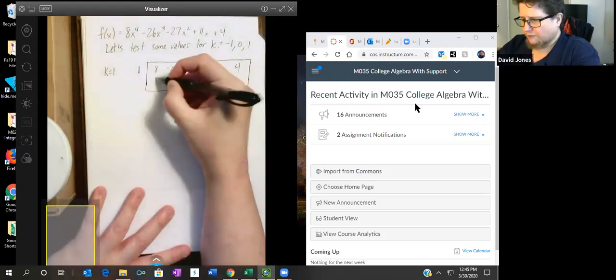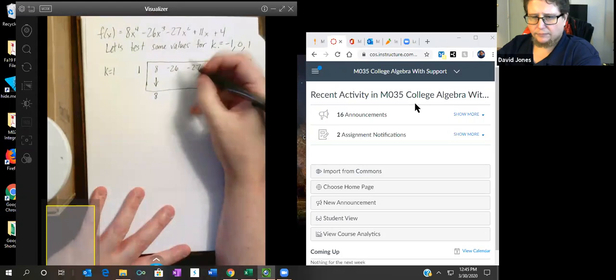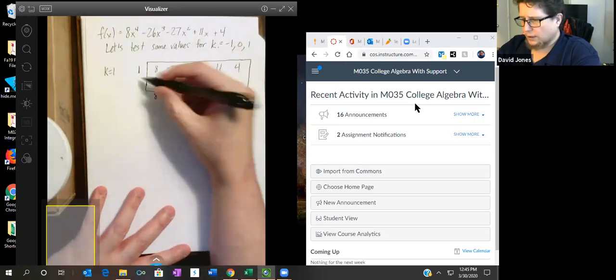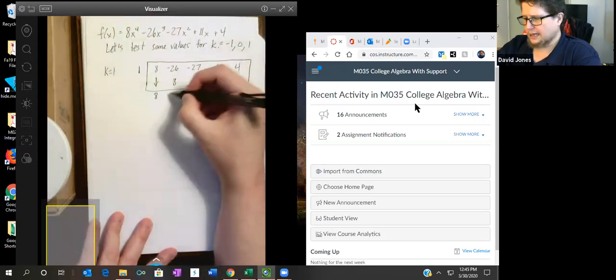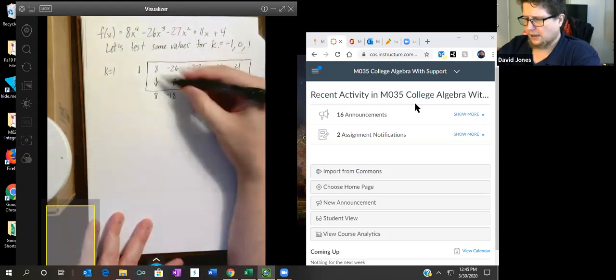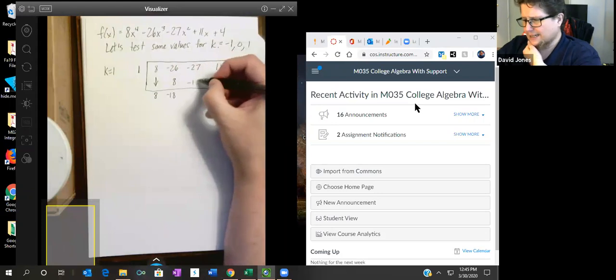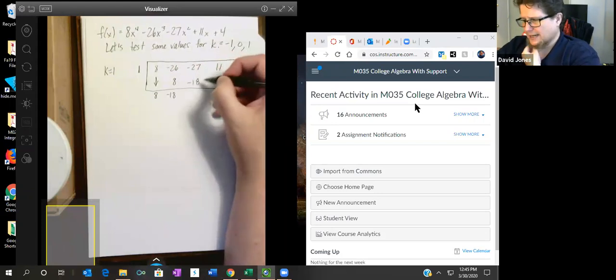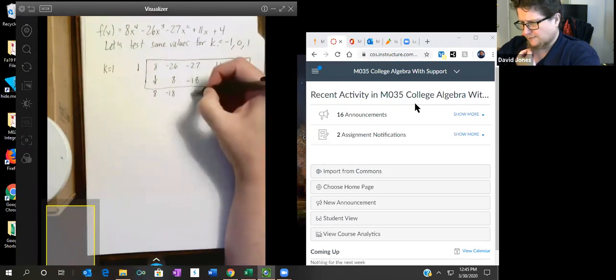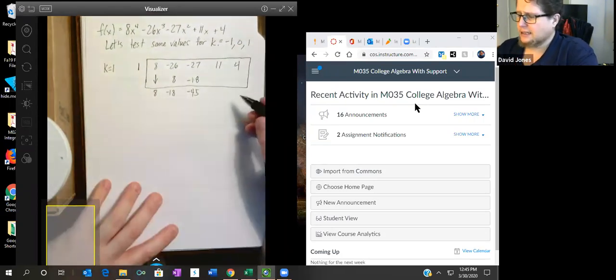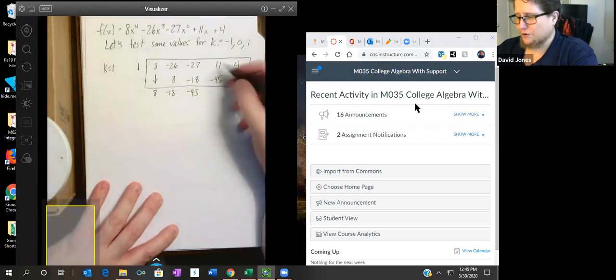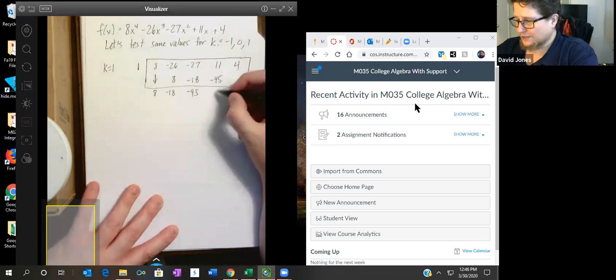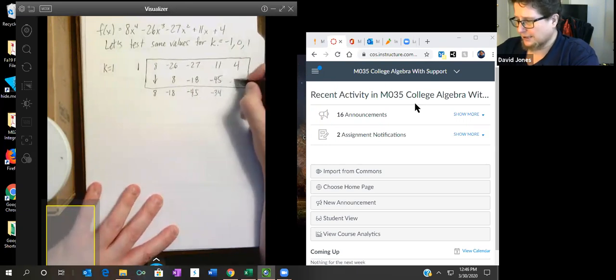And so we start off, we bring the 8 down. 1 times 8 is 8. Negative 26 plus 8 is negative 18. 1 times negative 18 is negative 18. We add those up, this is 45. 1's an easy number to do because then you just move the number up. 11 minus 45 is negative 34.